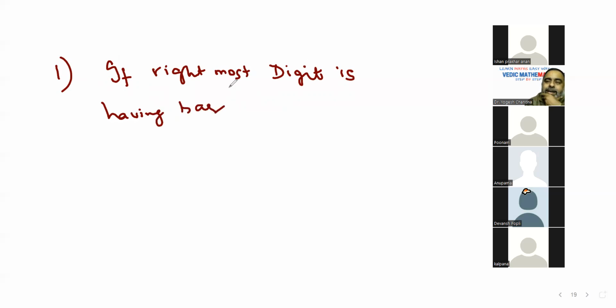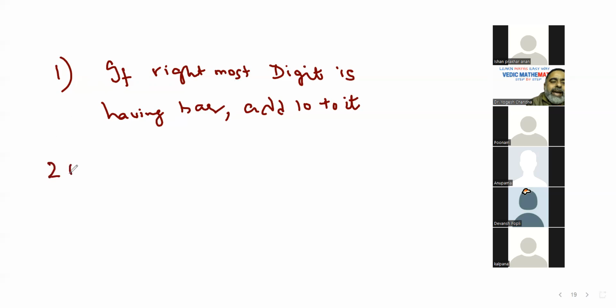That means earlier it was greater than 5, so 10 was subtracted from it. Correct. Now we are doing the reverse, so let's reverse the procedure also. Add 10 to it. Done.